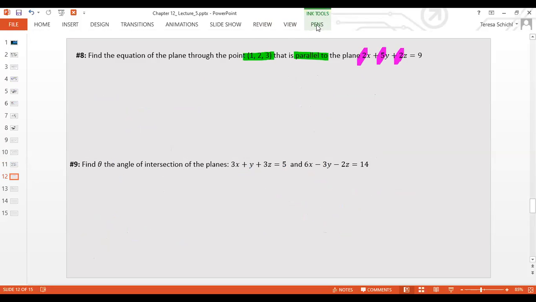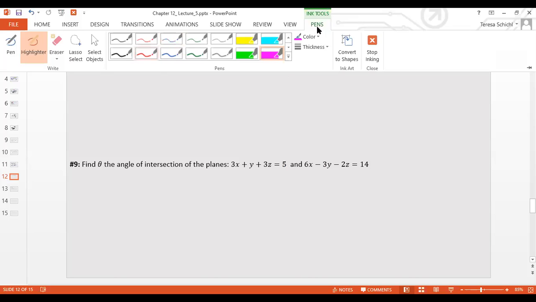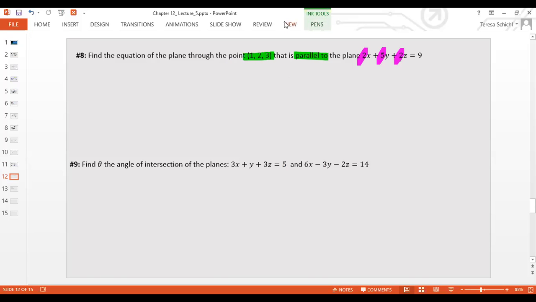So if two planes are parallel, what happens to their normal vectors? The normal vectors will be parallel also. So now I know this, I can say that my normal vector will be the same as this plane. So it's 2, 5, 2.